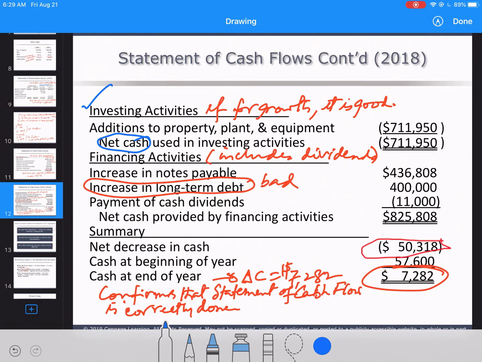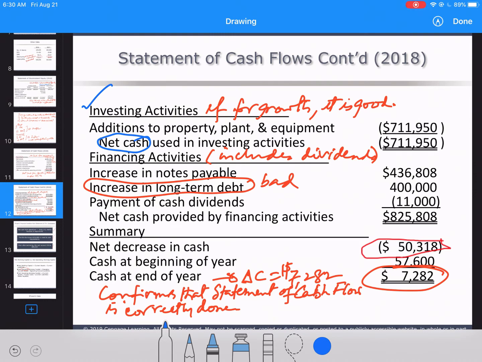You have to probe further. Is this investment a necessity, or is this basically a wastage? If it is a wastage, then this is a very bad number. But if it is for growth, then this is a good number.